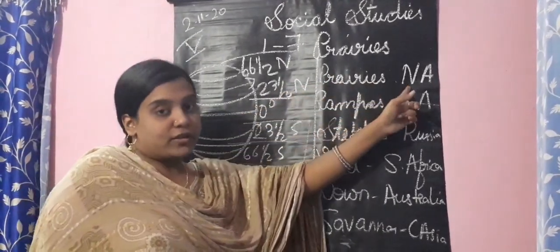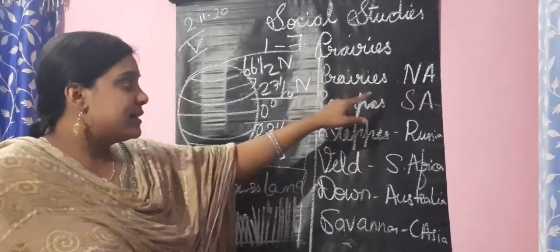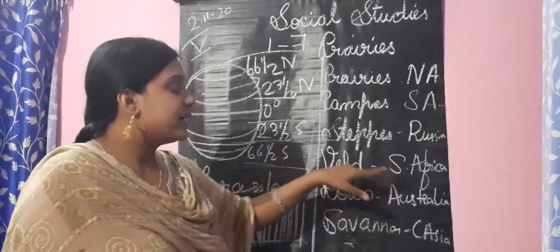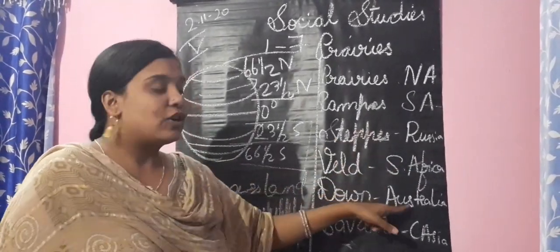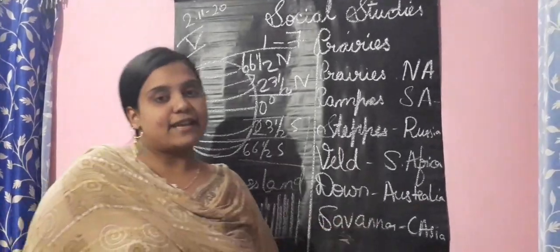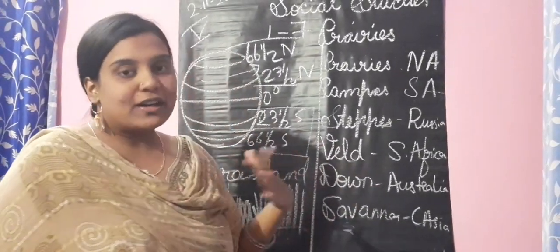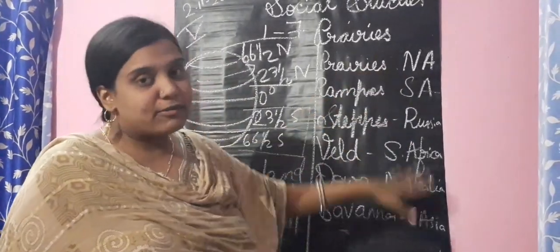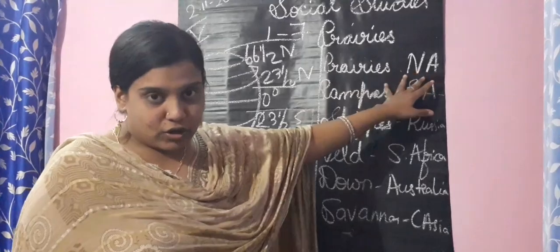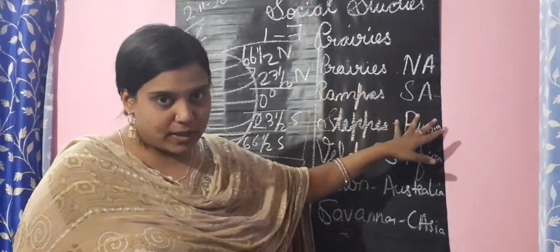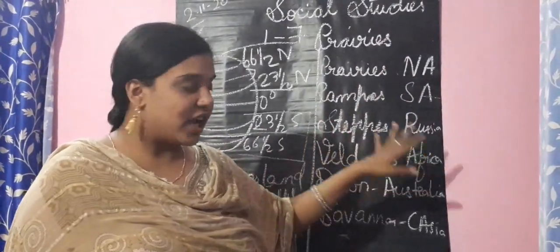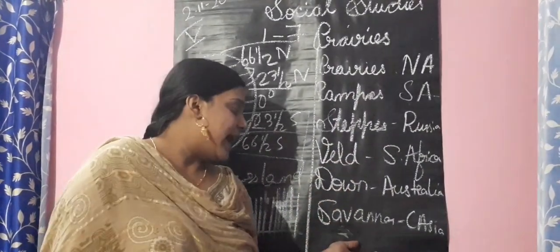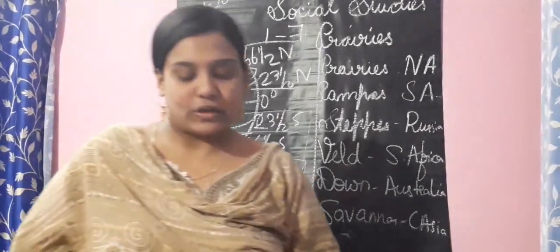Prairies in North America, Pampas in South America, Steppes in Russia, Veld in South Africa, Downs in Australia, and Savanna in Central Asia. Children, what do we call grasslands in India? In the same way, these countries have their own names for the grassland.